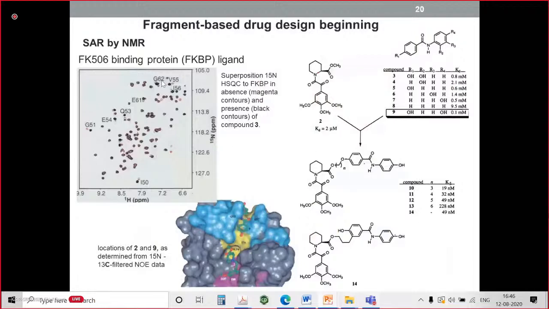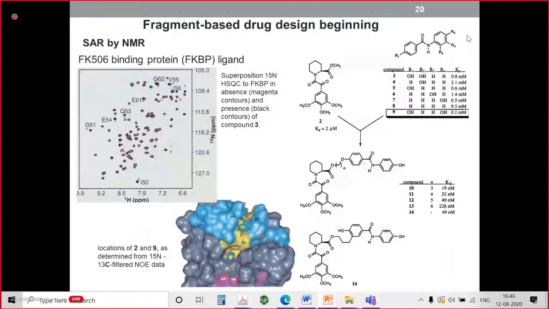So you can see here the proton-nitrogen HSQC NMR of the FK binding protein in the absence and presence of compound 3.